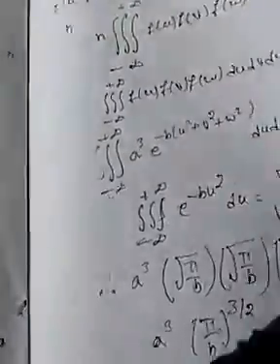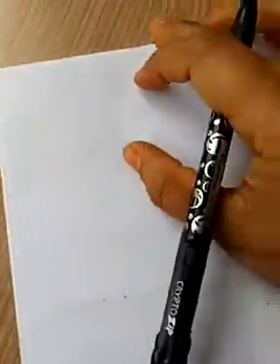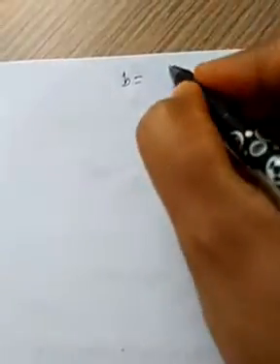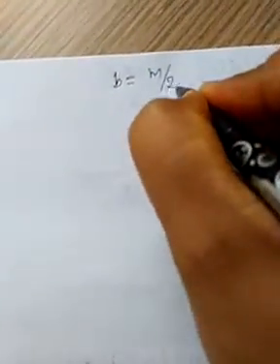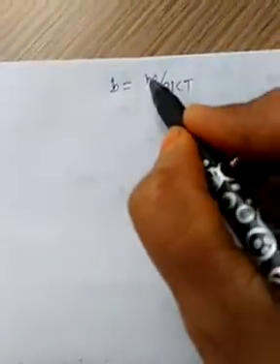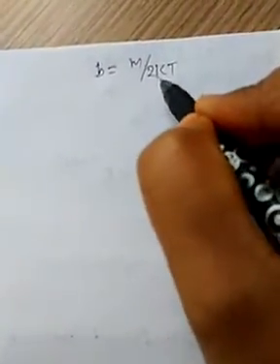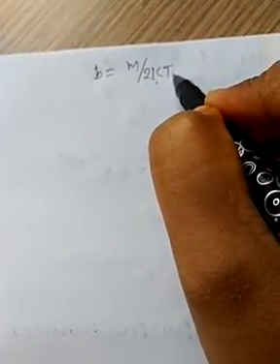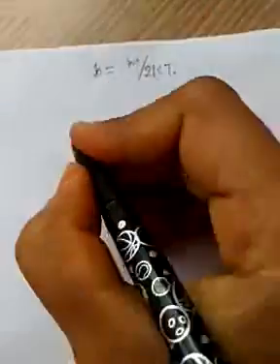And the value of b is a constant obtained: b equals m by 2kT. Here m is the mass of the molecule, k is the Boltzmann constant, and T is the absolute temperature of the gas.